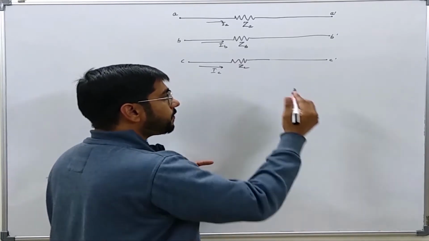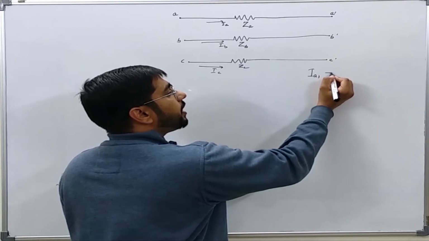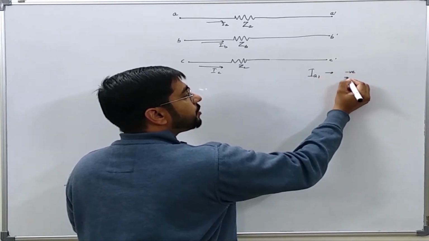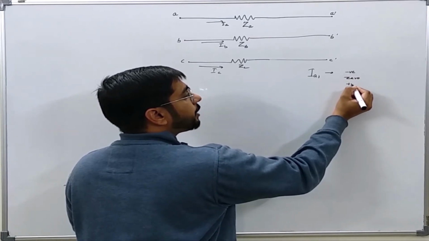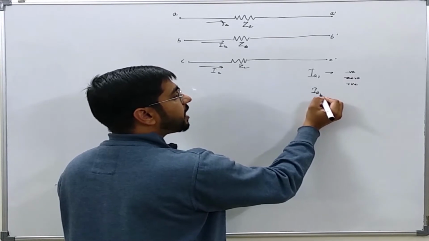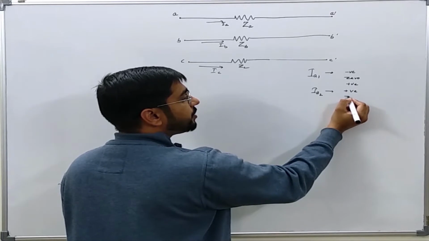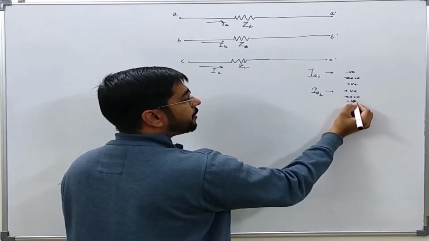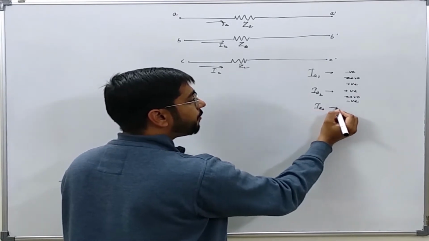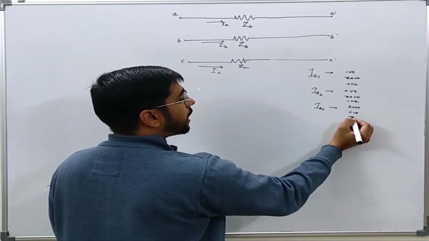That is, the positive sequence current will create a voltage drop of negative sequence, zero sequence and positive sequence. Similarly, the negative sequence current will create a voltage drop of positive sequence, zero sequence and negative sequence. Similarly, the zero sequence current will also create a voltage drop of zero sequence, positive sequence and negative sequence.